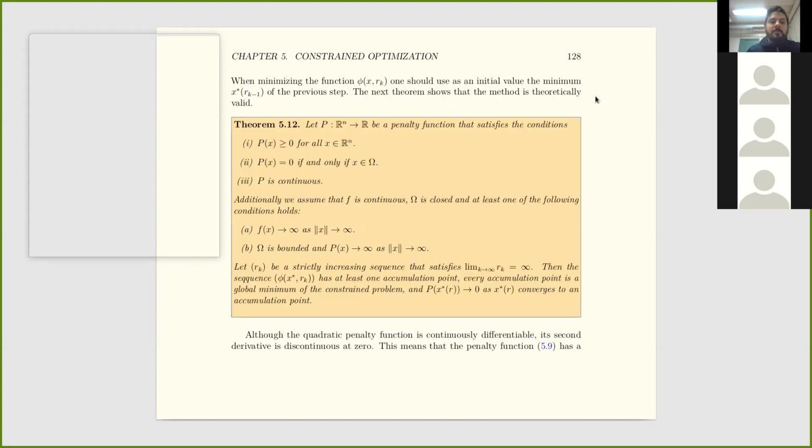So the theorem states basically that under certain rather lax and reasonable conditions, assuming that the method you used to solve the unconstrained optimization problem is sound, so that it converges to an optimum of that unconstrained problem, then the sequence of successive solutions of the unconstrained problem where you increase the penalty will converge to an optimum point.